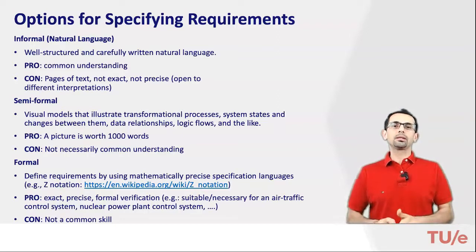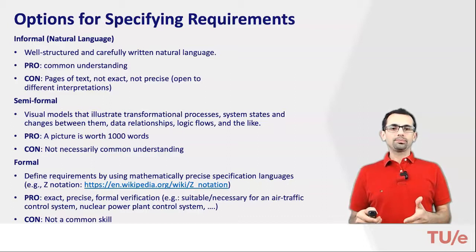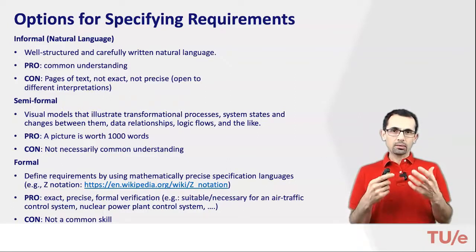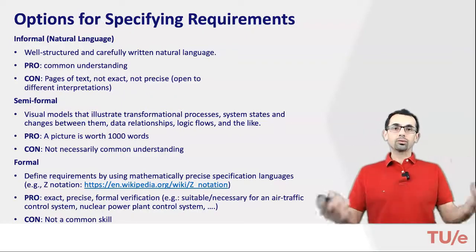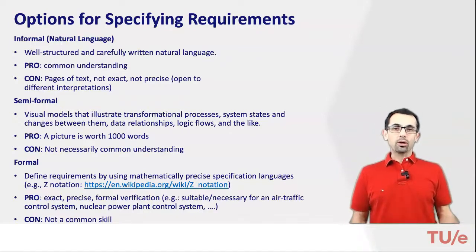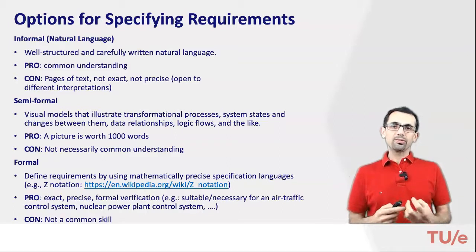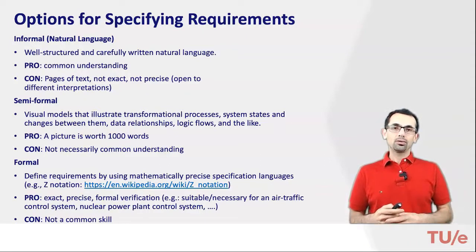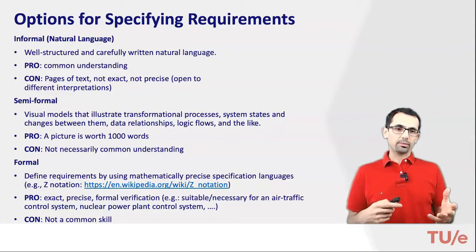You're talking about mathematical formulations, and that might be quite suitable, even sometimes necessary, for mission critical systems like aircraft, air traffic control systems, or nuclear power plant control systems. But of course the difficulty is, first of all, it takes quite a lot of time to formally specify using that language, and it's not a common skill at all. Okay, so it's a very specific thing.